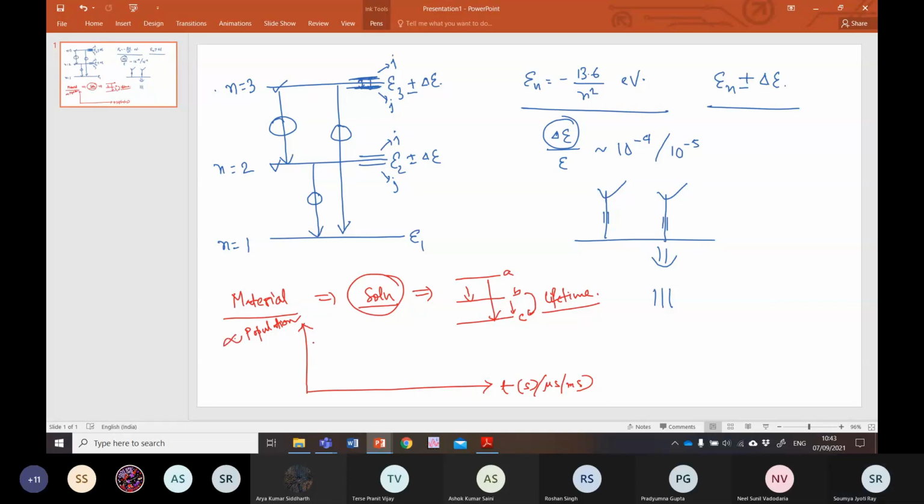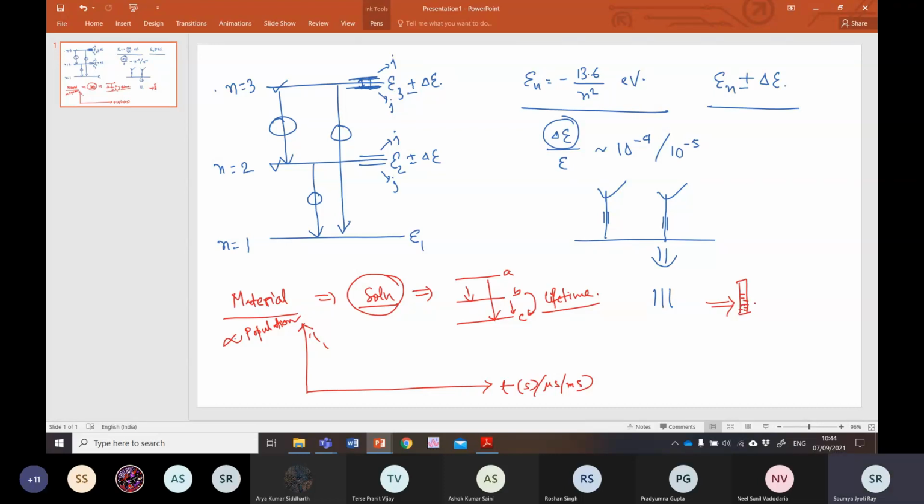Now, usually what happens is that I have the certain material, and I excite it with some incoming radiation, and then I switch it off. So if the lifetime is very small, it's just a pulse that I'm applying, and then I'm switching it off. It's just an instantaneous perturbation that I am applying on the system under investigation.